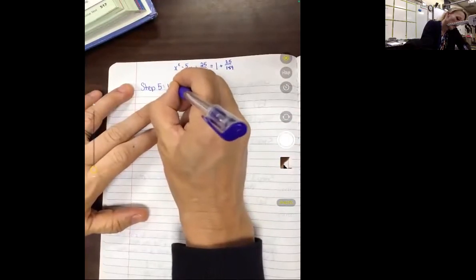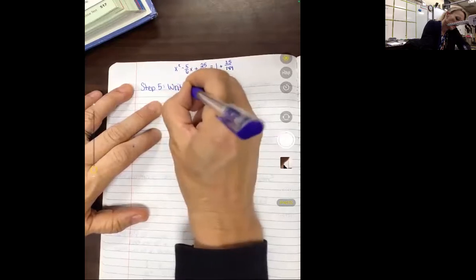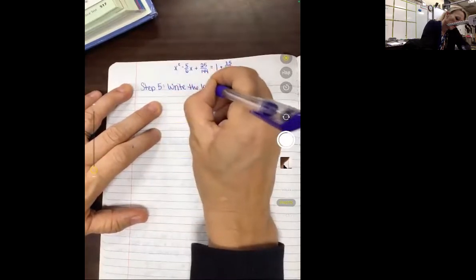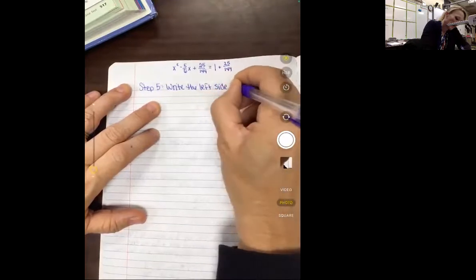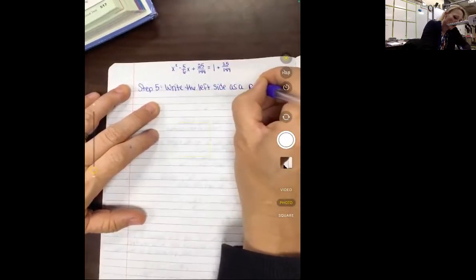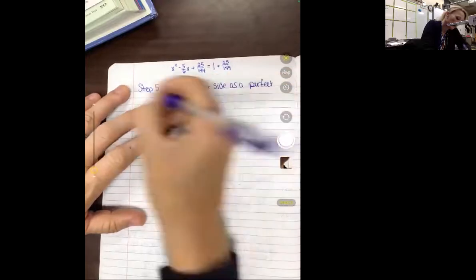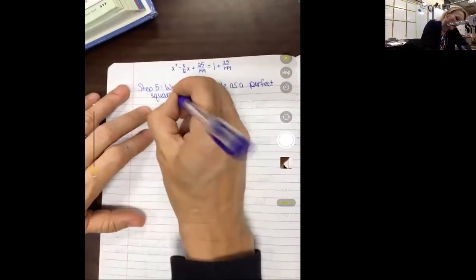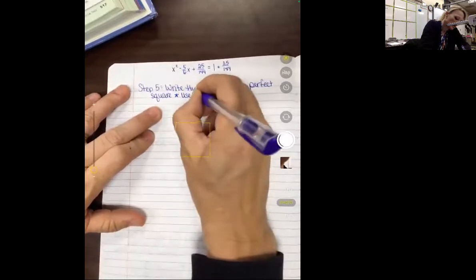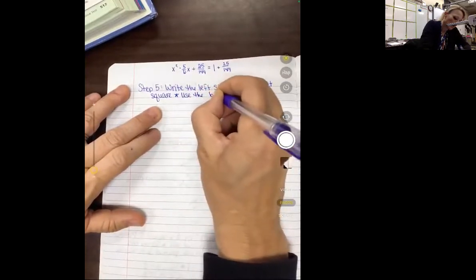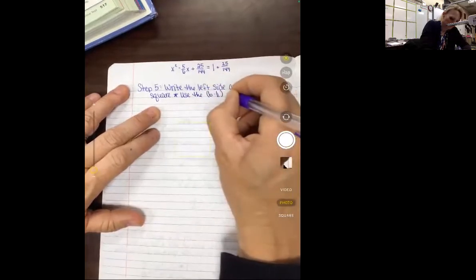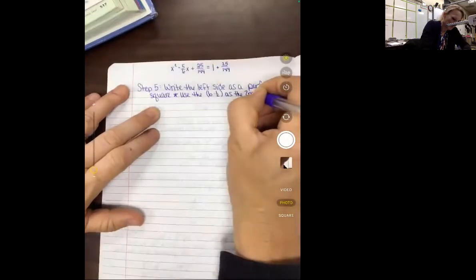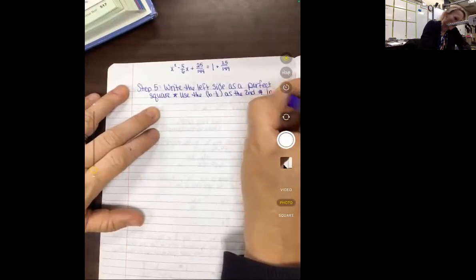So step 5, we are going to write the left side as a perfect square. And we're going to use the b times 1/2 as the second number in the square.